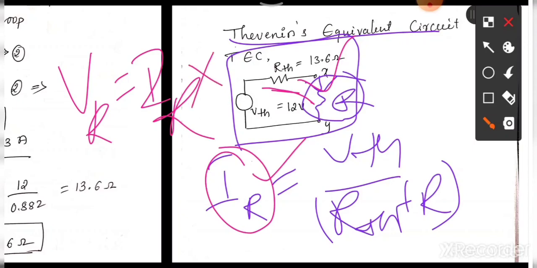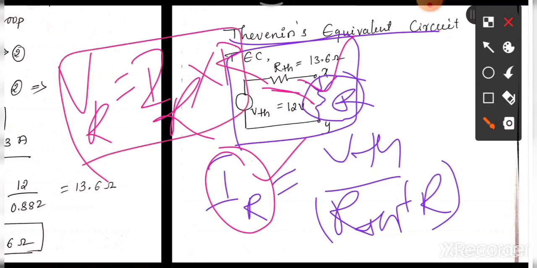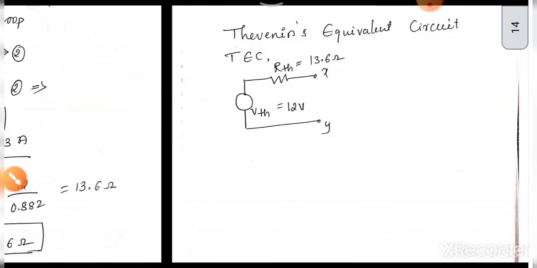That gives the voltage across that particular resistance.